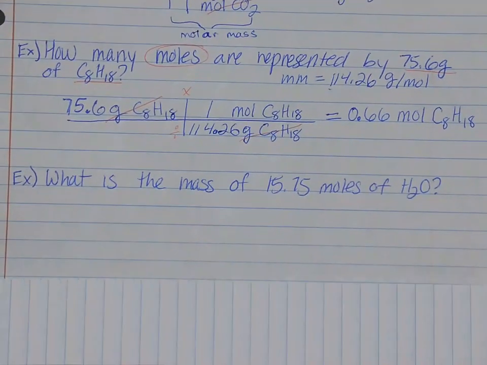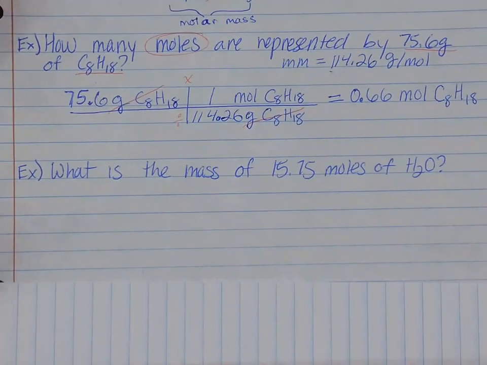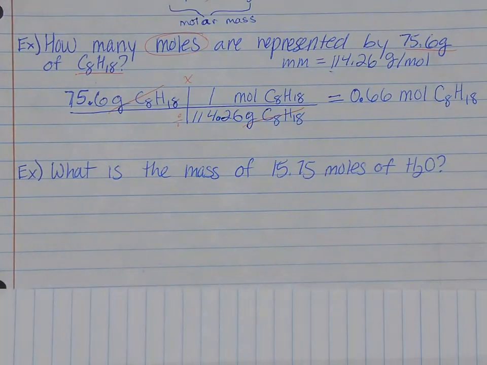All right, we're going to do one more. I want you guys to go ahead, write this one down, and try it out on your own. Setting you free. So write it down, try it out.